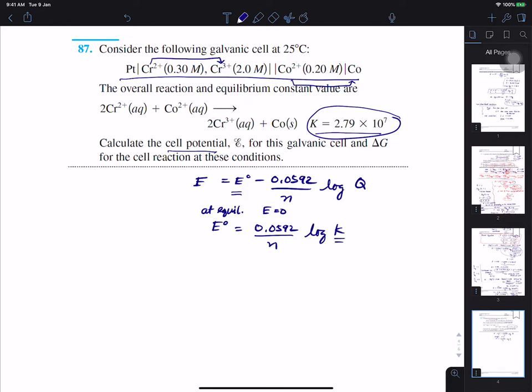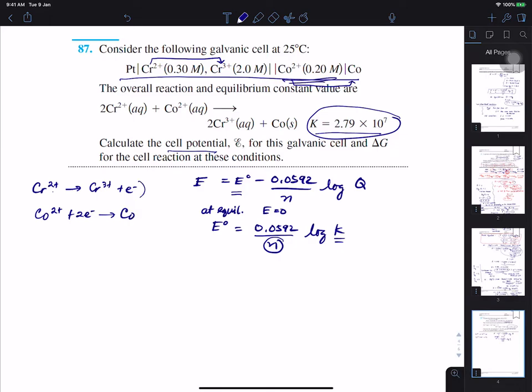Now, the tricky part here is to take note of the number of moles of electrons. So we should be able to deduce from the reaction. This is our oxidation. That's one electron involved because it's changing 2 plus to 3 plus, while this one here is cobalt 2 plus, with 2 electrons reduced to cobalt, right?